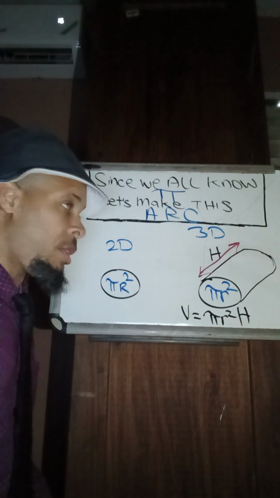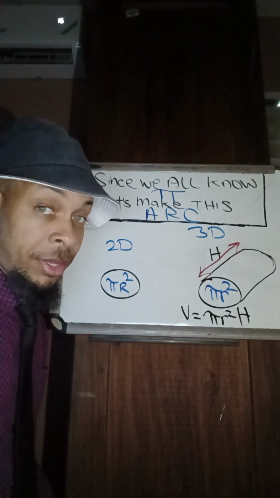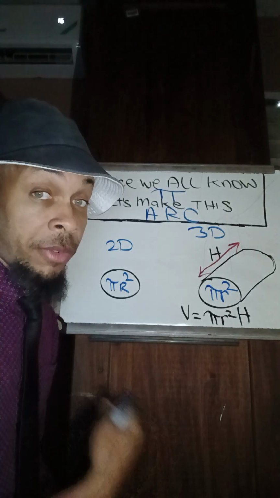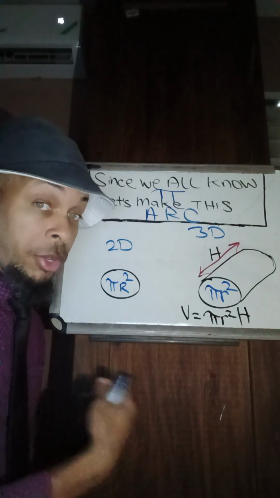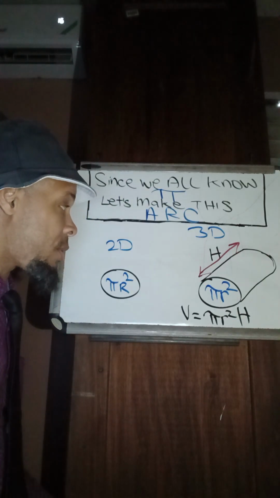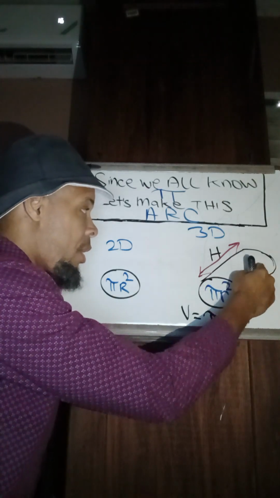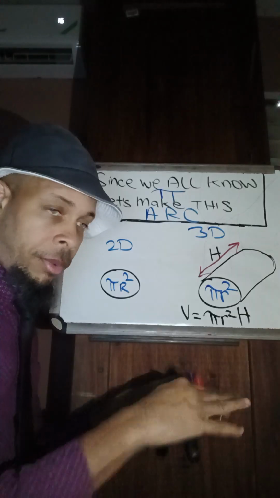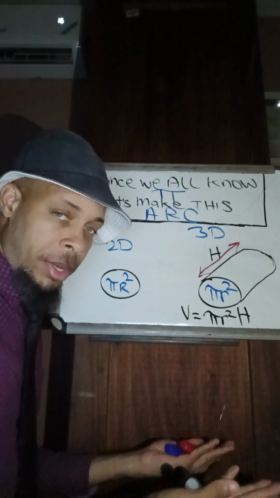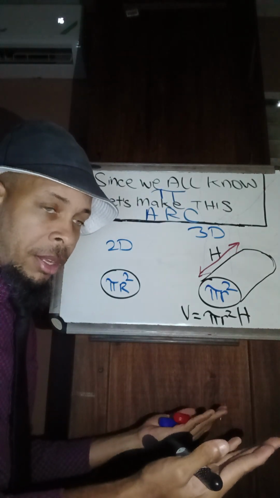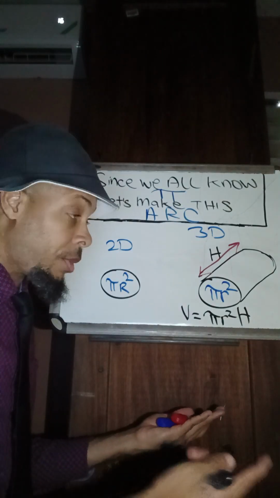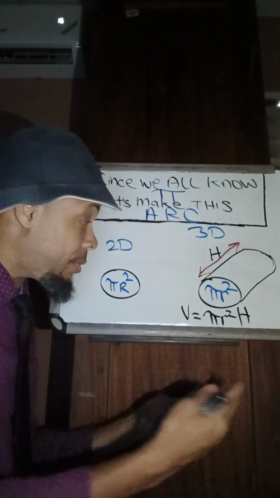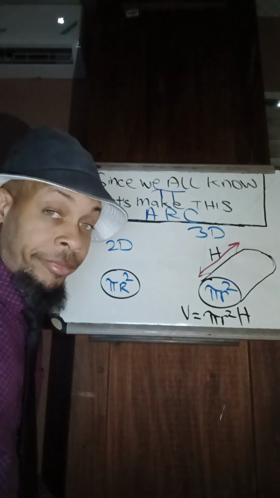Now, there's a lot that can be said about nets. If you have a net, you know the total surface area of whatever figure you are using. So in this case, you have a circle here, and in the middle is a rectangle that, once it's folded out, comes out like a rectangular sheet with one end that has a circle and the other end has a circle, and it's enclosed to form that.